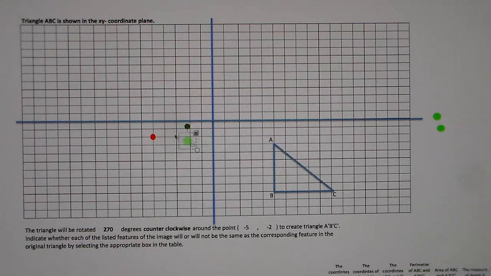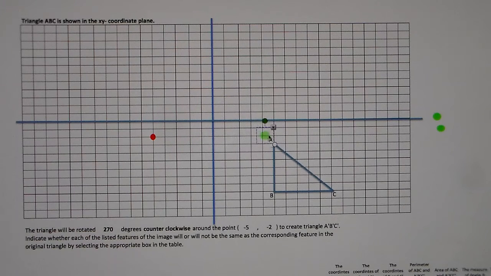Let's take this coordinate A. How far away is A from this center of rotation? Well, it's 1, 2, 3, 4, 5, 6, 7, 8, 9, 10. 10 to the right, or 10 east, and 1 south. Now when we do a 270 degrees counterclockwise rotation, east becomes south, and then south becomes west.